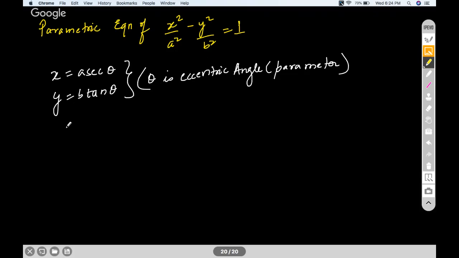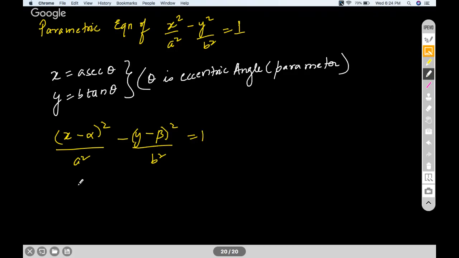Now, if I ask you the parametric equation of (x minus alpha) whole square by a square minus (y minus beta) whole square by b square equal to 1, what would be the parametric form? The parametric form would be x equal to alpha plus a sec theta and y equal to beta plus b tan theta.